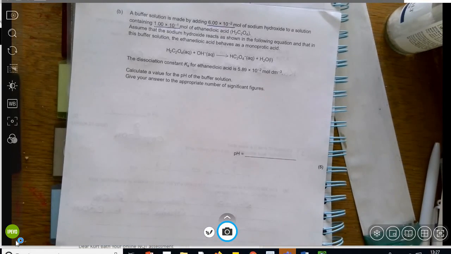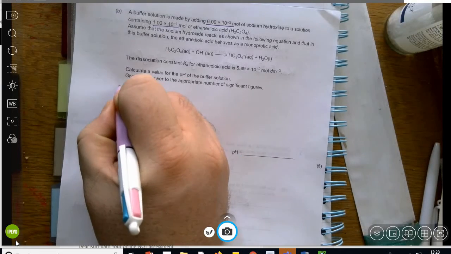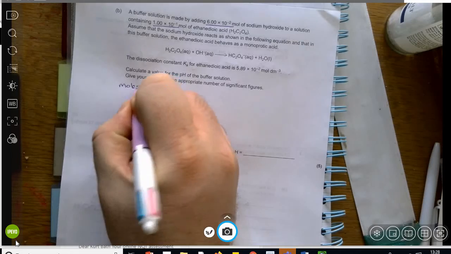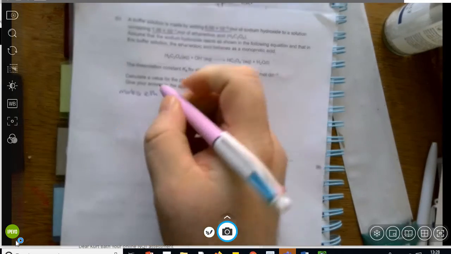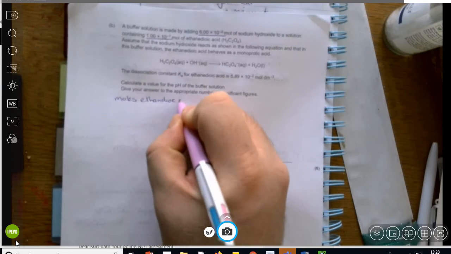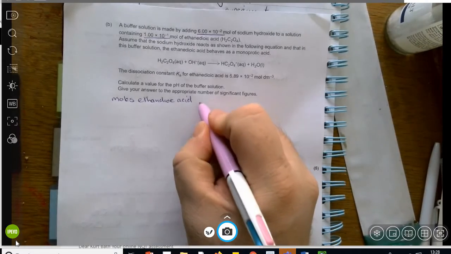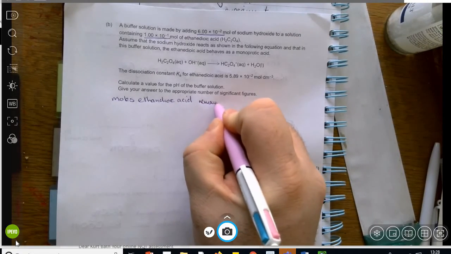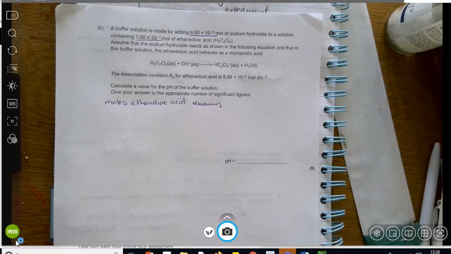So you're doing a base, you're using a base buffer. So what we need to do is work out the number of moles, and I'm going to put this. So you can work out the number of moles of ethanedioic acid remaining after you've added the sodium hydroxide.